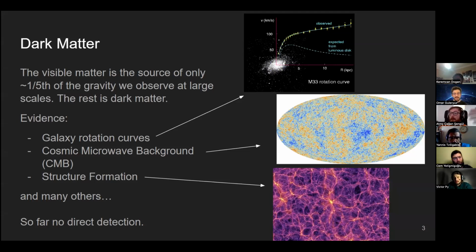Meanwhile, we expect from the luminous matter distribution that this velocity should drop as the radius increases. So this tells us that there is extra gravity that is much bigger than the visible size of the galaxy, which we name the dark matter halo.